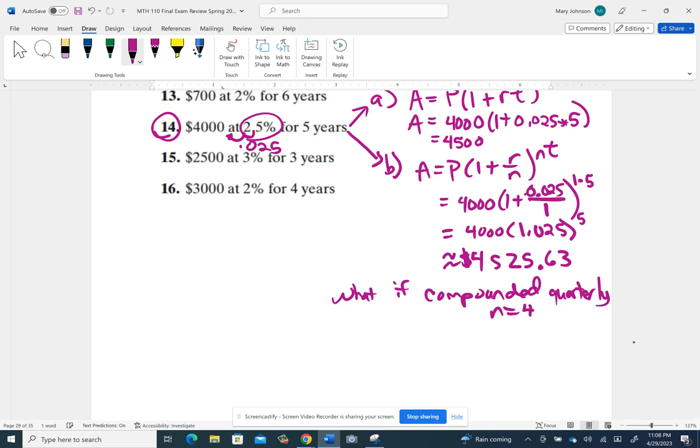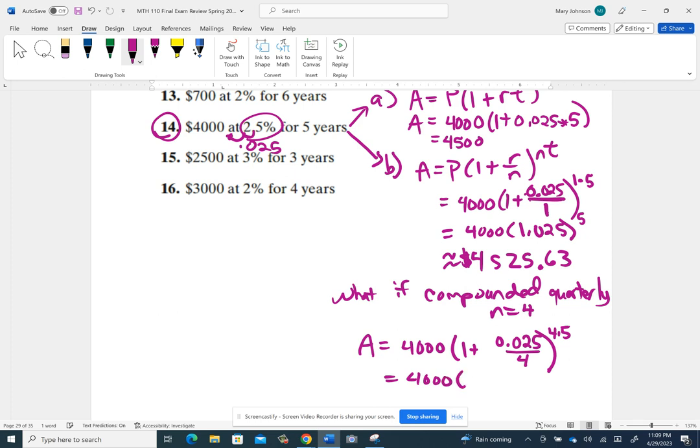So if that were the case, I would still go to my compounded formula. I would still have the 4,000, but I'd put in 0.025 for my interest rate. I would divide by 4 there, then raise it to the 4 times 5. Okay. And so I'd get my 4,000, and you can clean that up a little bit before you type it in.